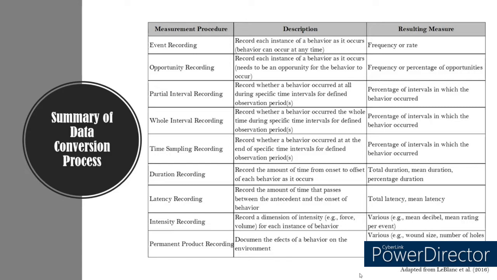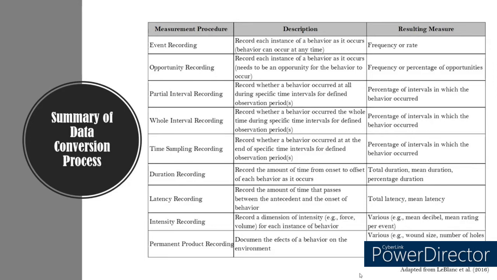Whole interval recording. Record whether a behavior occurred the whole time during that specific time interval for a defined observation period. So say for example, if we have 5 seconds, 10 intervals, if the certain behavior appears for the full block, so total 5 seconds, if the behavior is appearing, then only we put a tick mark.